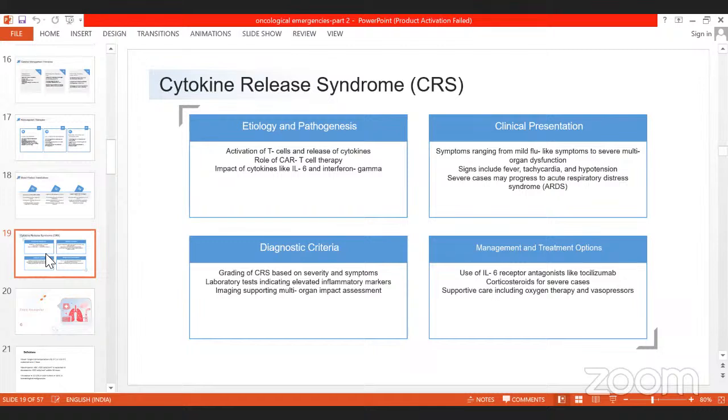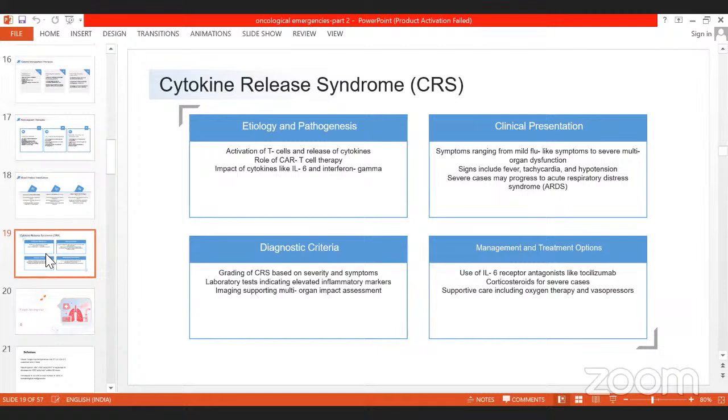And the impact of cytokines like interleukin 6 and interferon gamma causes this cytokine release syndrome in the blood. The presentation ranges from mild flu-like symptoms to severe multi-organ dysfunction, with signs like fever and tachycardia, to ARDS and organ dysfunction syndrome also.